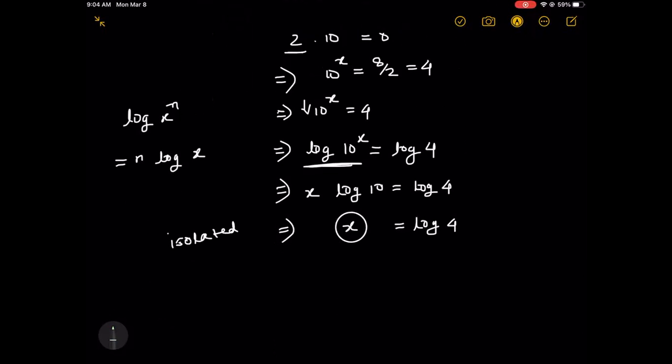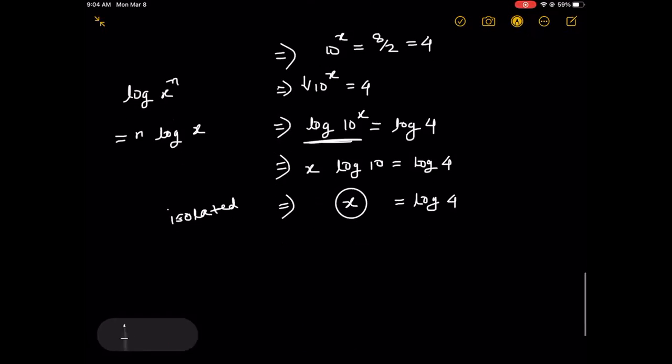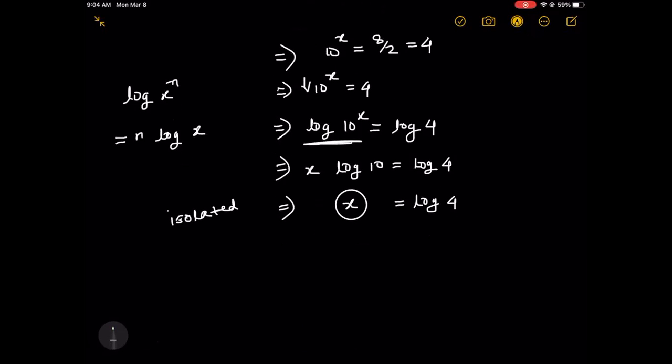When we are trying to solve an equation for an unknown value, we always try to isolate it, and we have successfully done that. Now, as you can see, we have a value which is not an exponent of 10. We can't really express it as the exponent of 10.